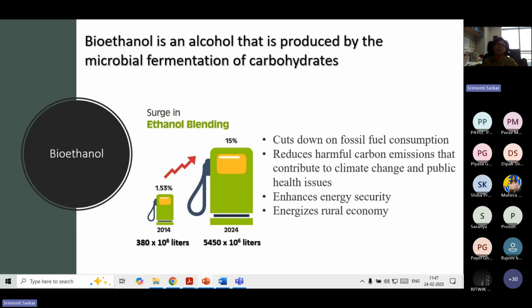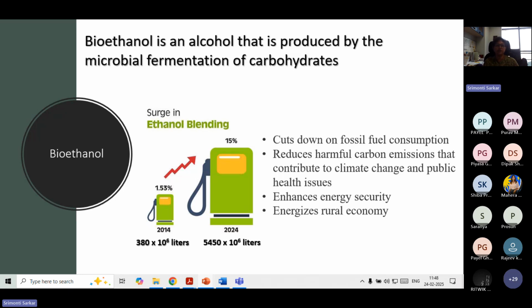That means we have to spend a lot of our foreign currency reserves towards running our industries and keeping India mobile generally. So, not just from an environmental point of view, but also from an economic point of view, and in terms of addressing our own energy security, bioethanol blending into gasoline has been the government's focus over the last decade.